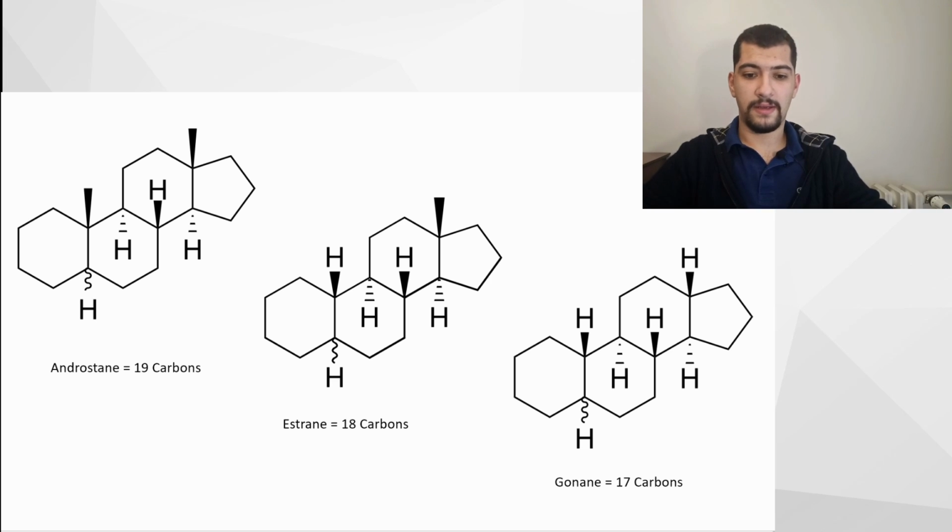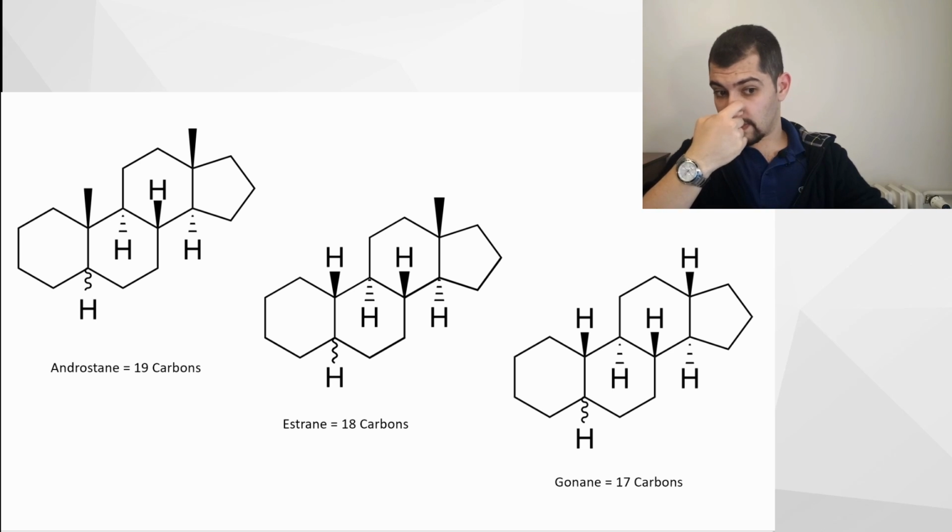Also, keep in mind that there are many birth control oral contraceptives for female use, but most of them are 19-nor-testosterone derivatives. If you take a look at my previous videos, you can see that nandrolone family androgens, also called 19-nor-testosterone, lack the carbon at the 19th position, so they have one less carbon.